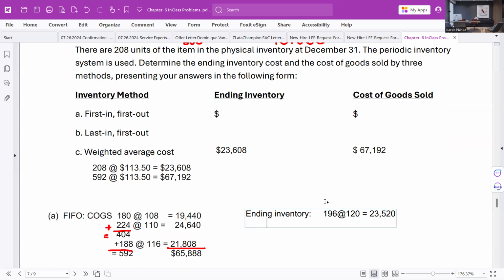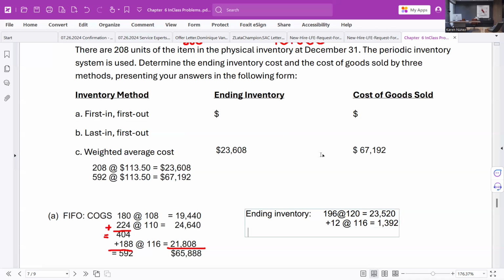Remember, it's a total of 208 units in the ending inventory, so we still need another 12 units. So plus 12 units at 116 equals 1,392.